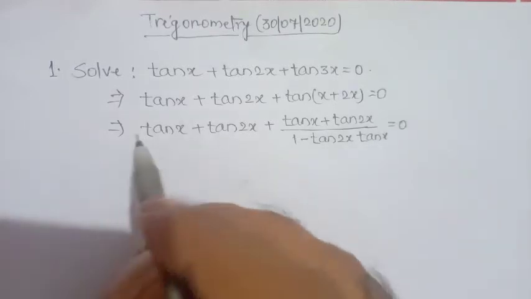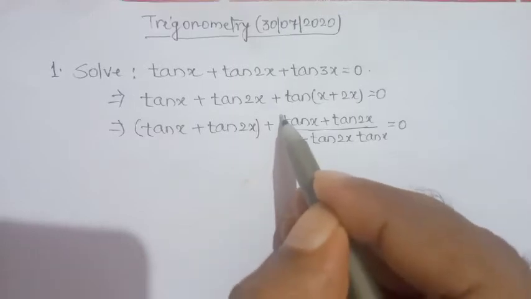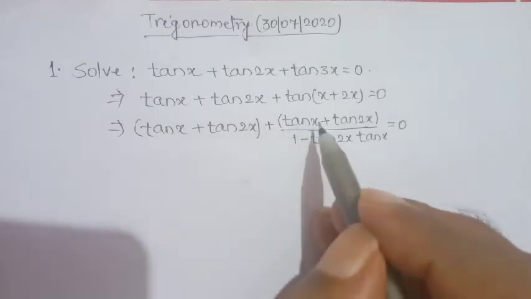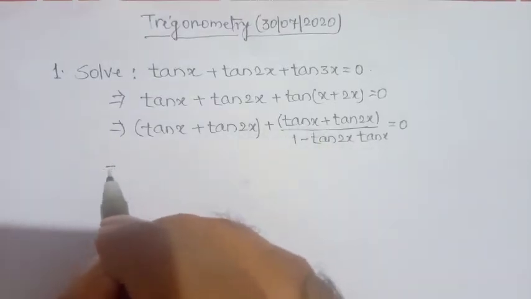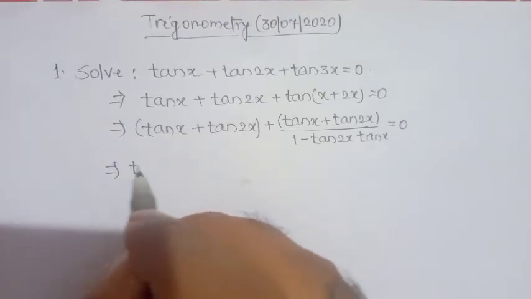Now see, tan x plus tan 2x and tan x plus tan 2x. This term should be taken as common. So take out common tan x plus tan 2x.